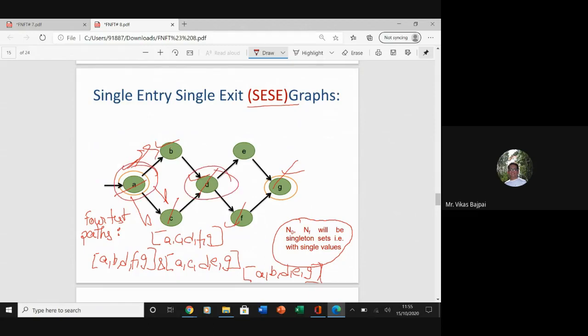So that's why we are getting 4 test paths in this single entry and single exit graph.